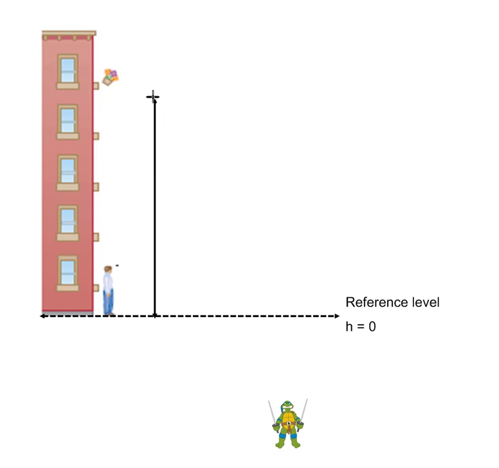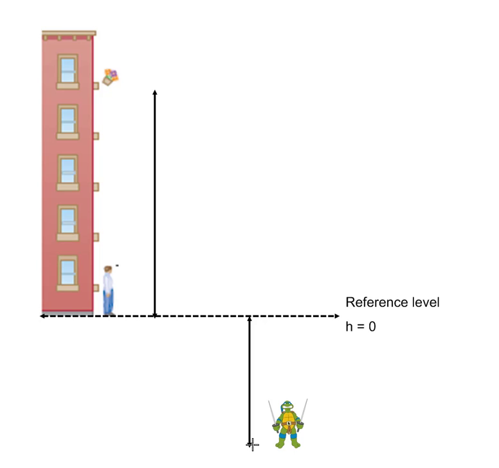So it's all the way up here. That's the height of my flower pot. From the reference level to the bottom of the flower pot, it has positive gravitational potential energy. So someone carried it up the stairs and through doing that work on the flower pot, gave it gravitational potential energy. My Ninja Turtle, on the other hand, down in the sewers, has negative gravitational potential energy.